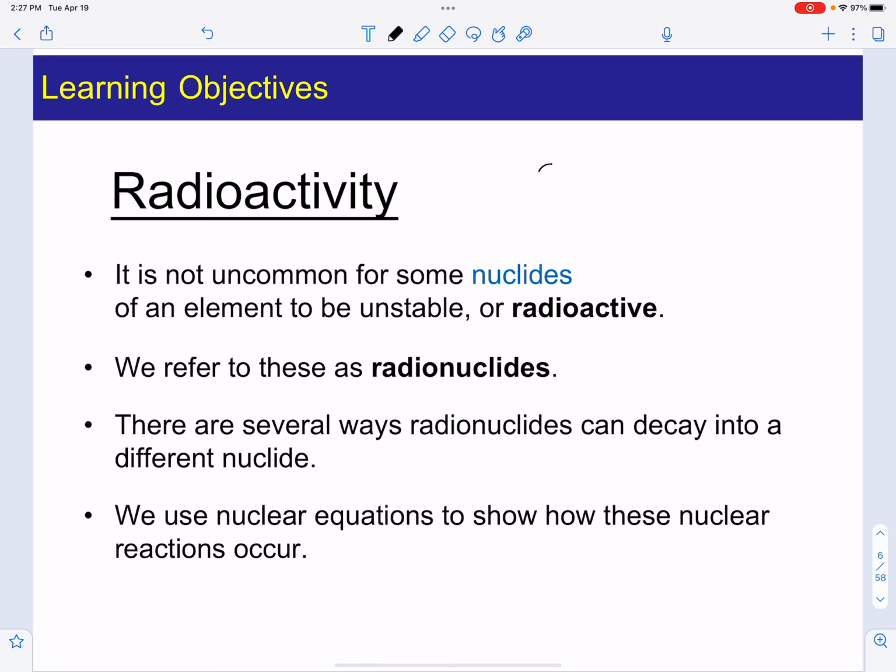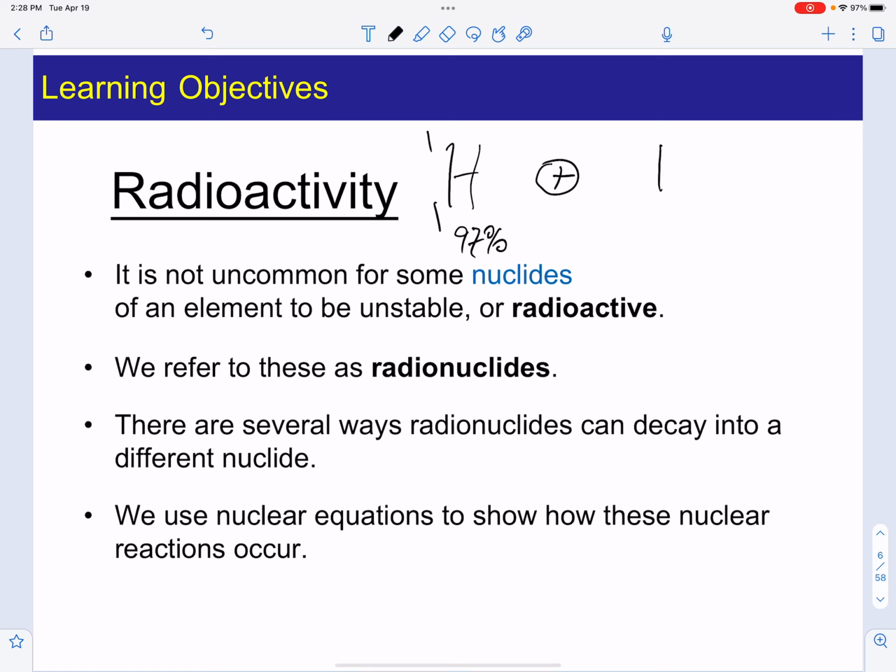Hydrogen would be 1 proton and 0 neutrons. That's why the mass number of hydrogen is 1. This isotope of hydrogen is about 97% abundant. Most of the hydrogen in this universe is going to be that.